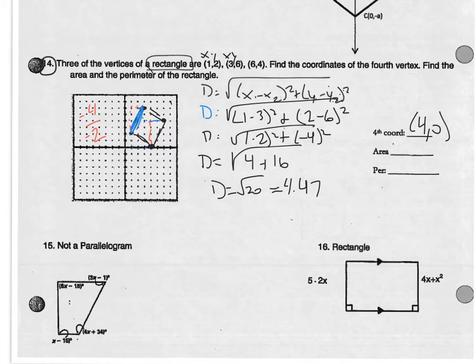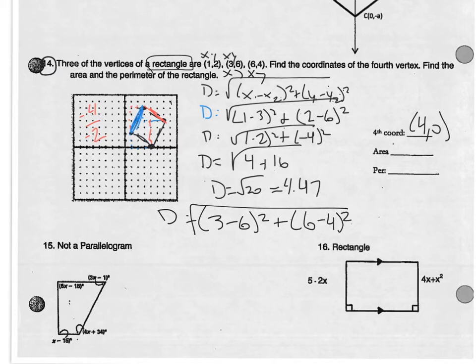So now we need to find the distance of the side next to it. So I'm going to do distance of 3 minus 6 squared, that's this xy and this xy, plus 6 minus 4 squared. That's going to give me negative 3 squared plus 2 squared.